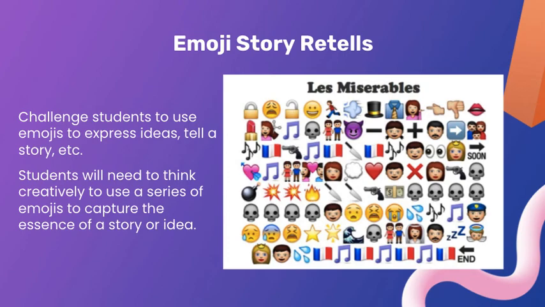It is kind of a silly activity, and I've seen some examples that can be clear. Knowing that this is Les Miserables, I can look through and know the different parts of the story. If I was just looking at the emojis, I'm not sure I'd be able to interpret it, though maybe the French flags throughout might be a tip-off.